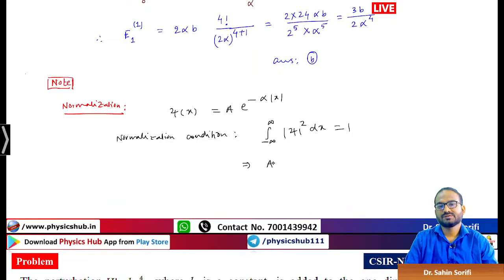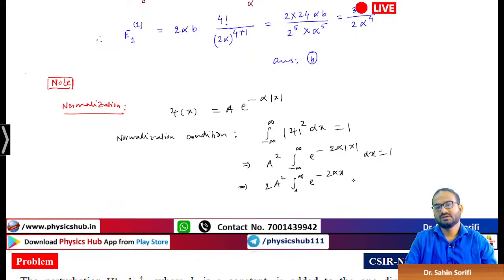So this becomes A squared times the integral from minus infinity to plus infinity of e to the power minus 2 alpha mod x dx equals 1. This is an even function, so 2A squared times the integral from 0 to infinity of e to the power minus 2 alpha x dx. That is 2A squared, and it is e to the power minus 2 alpha x by minus 2 alpha, from 0 to infinity.